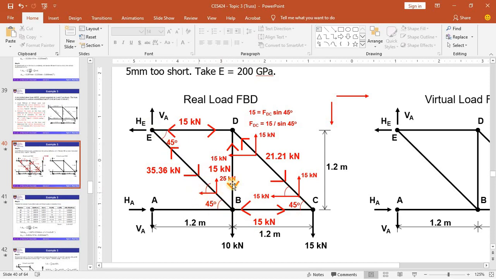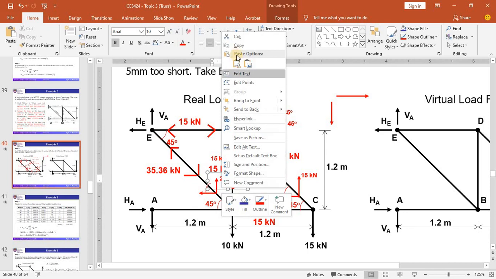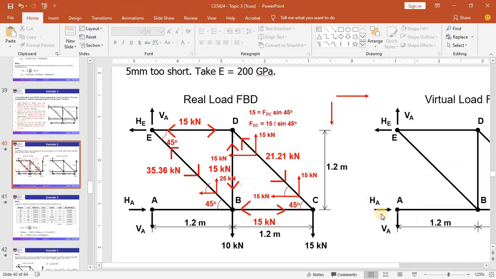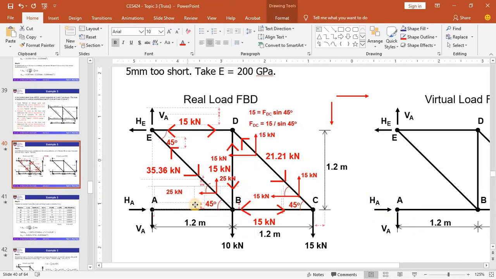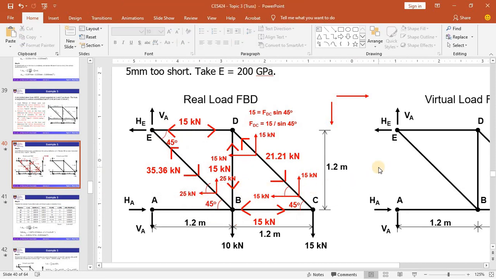For sure, this will be equal to 25 as well, because cos 45 gives the same value as sine 45, multiplied with this 35.36.